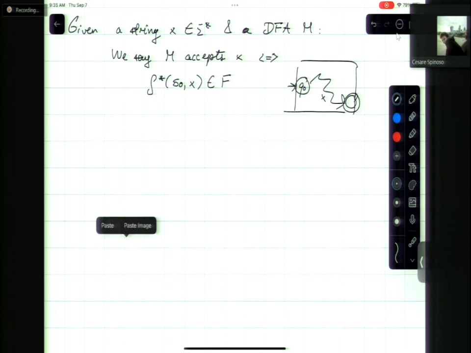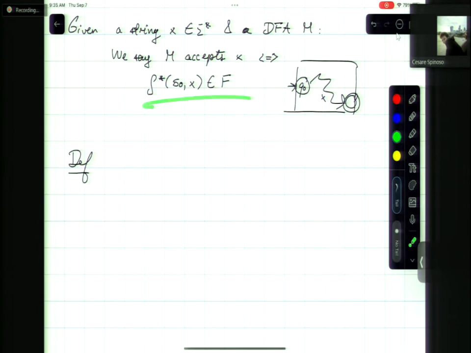Okay. So the last thing I want to do is now define formally the concept of language accepted by a DFA. So the language accepted by a DFA is just all of the strings that satisfy this condition.